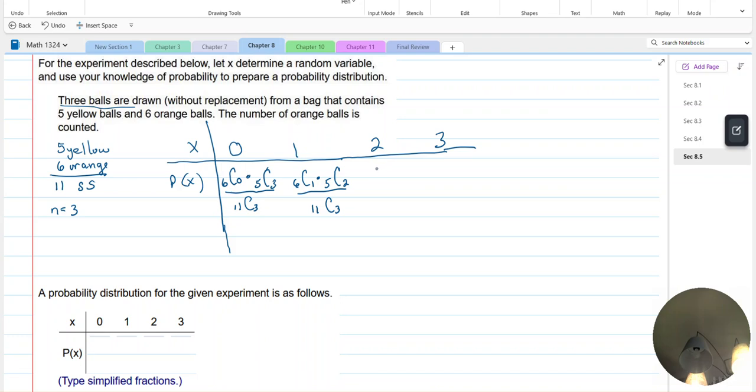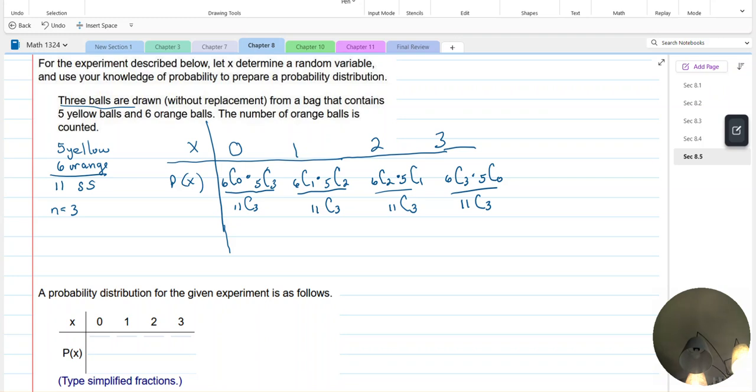For 2, we'd have 6 choose 2 times 5 choose 1, all over 11 choose 3, because these have to add up to 3. I'm making sure I haven't made a mistake yet. So now I'm going to do the last one: 6 choose 3 times 5 choose 0, all over 11 choose 3.